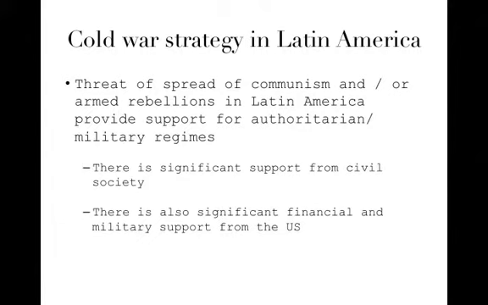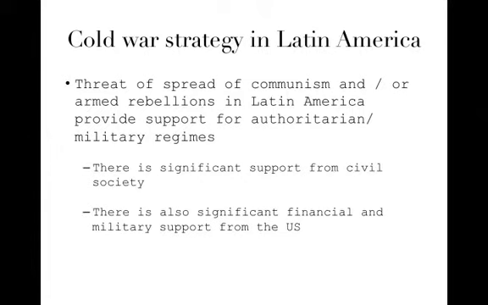The Cold War strategy in Latin America, in what pertains to the relationship between Latin American countries and the United States, was entirely based on the threat of the spread of communism and armed rebellions. So the United States and different constituencies in Latin American countries would provide support for authoritarian and military regimes in order to prevent any type of communist threat and to prevent armed rebellions.